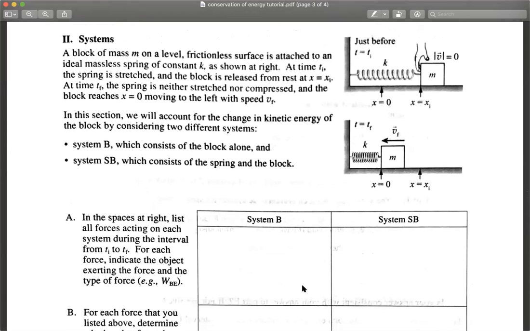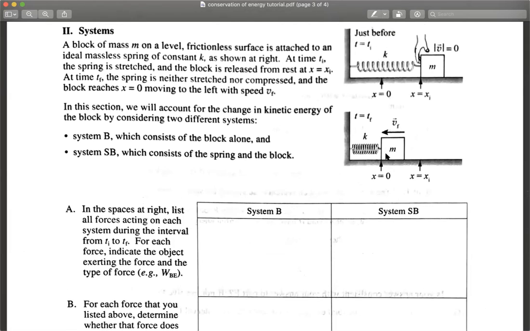If you define your system as just the block, then acting on the system you'll have the normal force and gravity, but because the block is not moving in the vertical direction, those don't do any work. But you'll have an external force from the spring on the block.